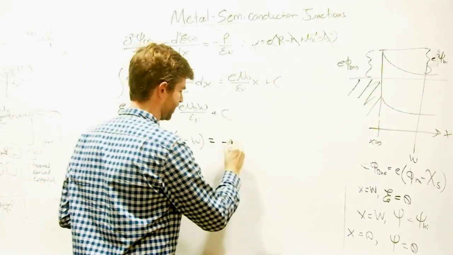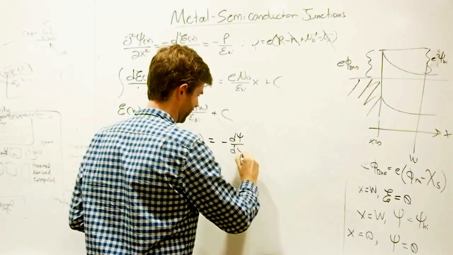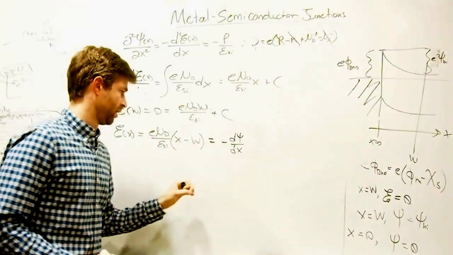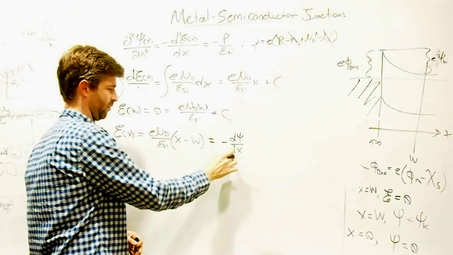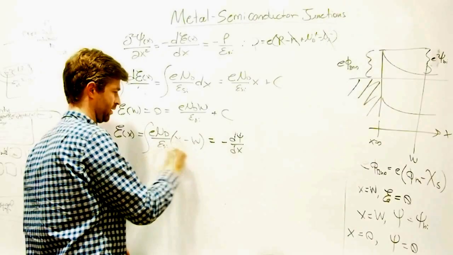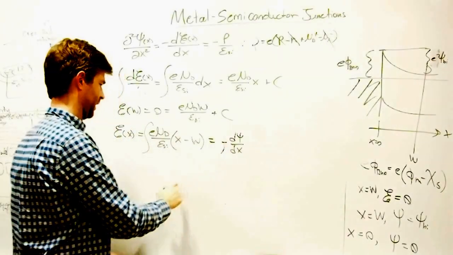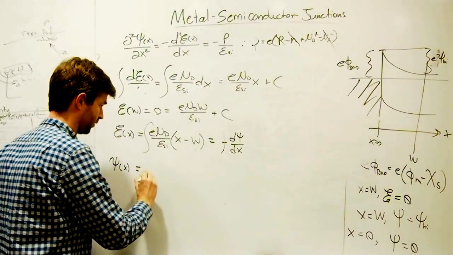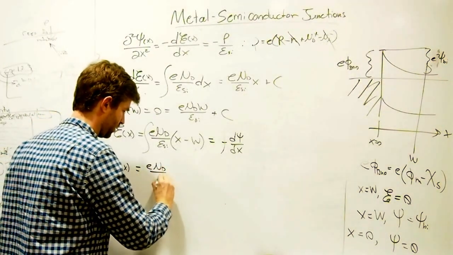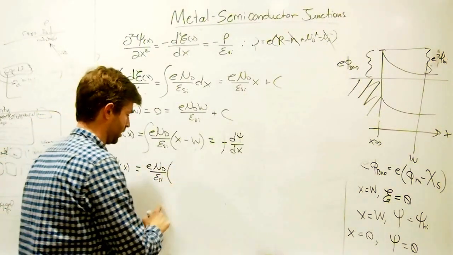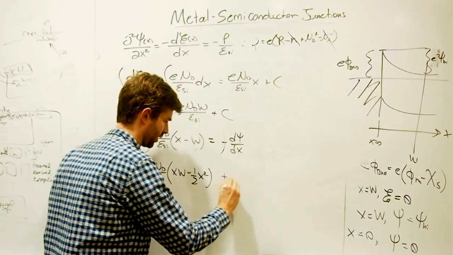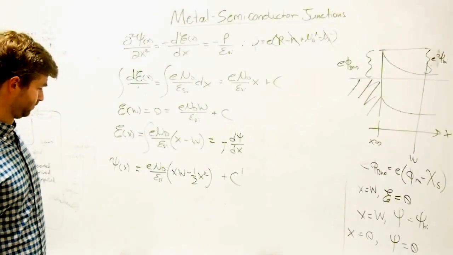This is also equal to negative d psi over dx, correct? Psi is a function of x, so we bring dx over here and integrate both sides. What we get is psi of x equals e ND over epsilon silicon times (xw minus 1/2 x squared) plus c prime, some constant c prime.